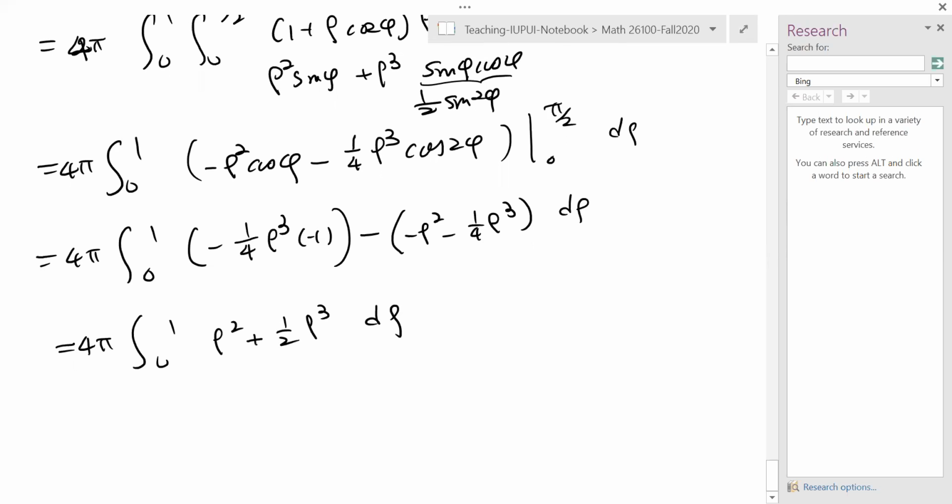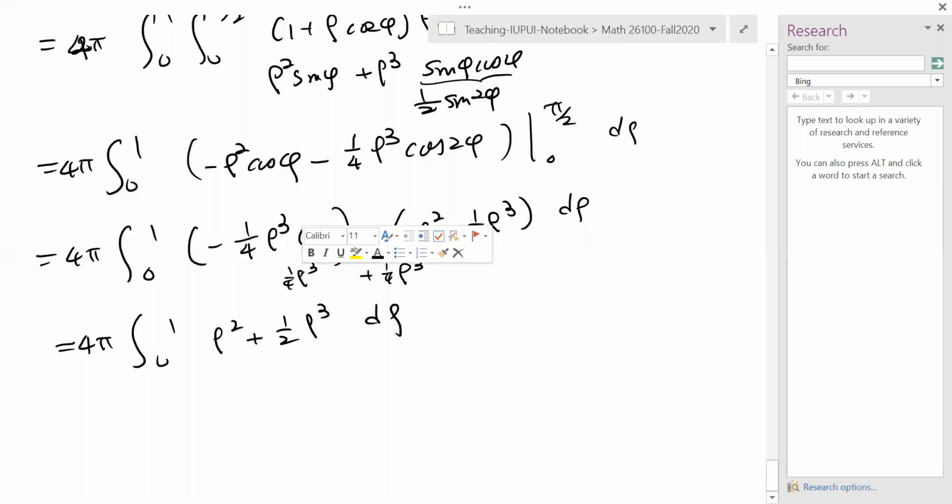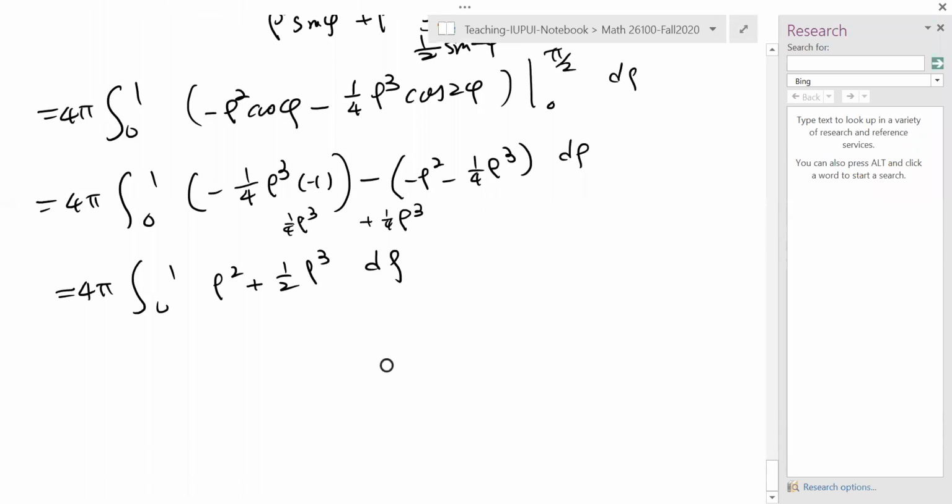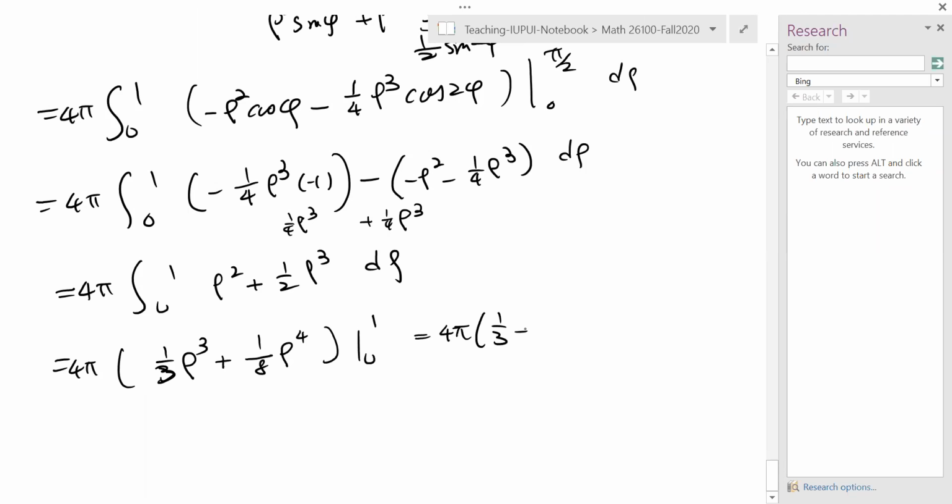This will be positive, because I have a positive quarter and here negative, negative also becomes positive rho cubed. So then you have the antiderivative of 1/3 rho cubed, and here is going to be 1/8 rho to the 4th power. And finally, I got, okay, so that is the answer.